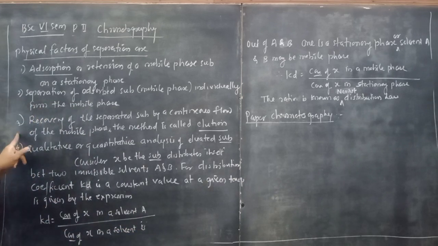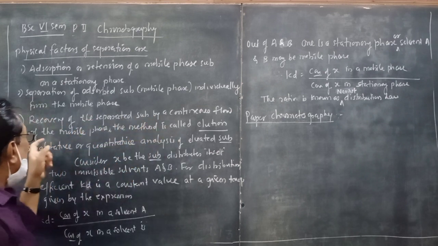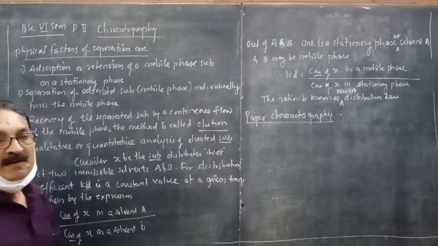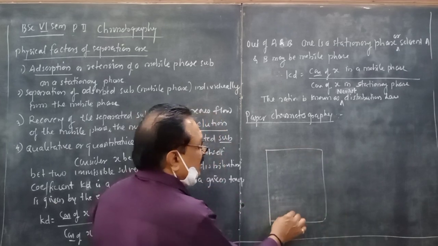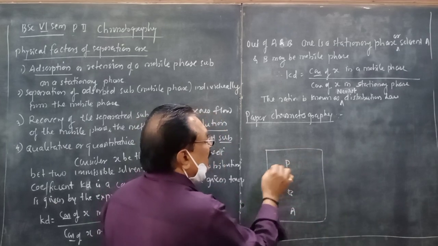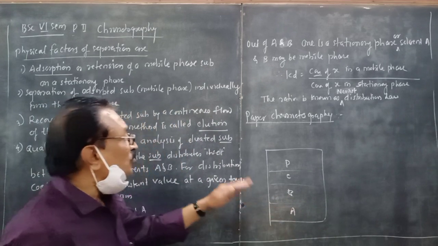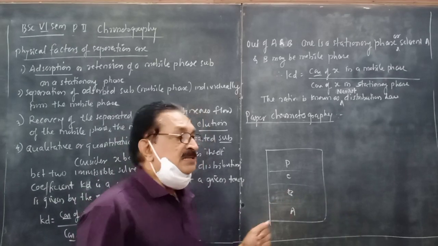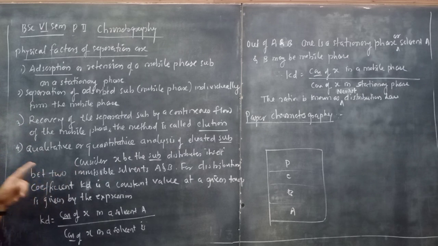The third one is recovery of the separated substances by continuous flow of the mobile phase, and this method is called elution. Suppose on the stationary phase A, B, C, D are separated from one another. Then these are collected separately, and that process is called the elution process.